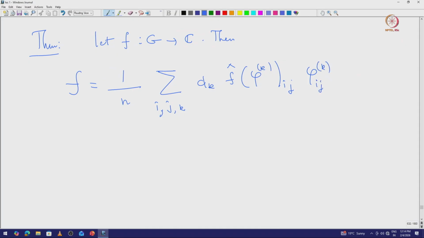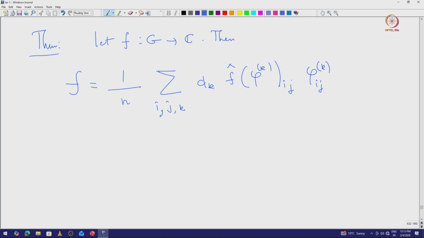So, basically we can rewrite f in terms of this summation of dk f hat and so on. All we did is we have changed the basis. So, we are rewriting f in terms of this matrix coefficient basis, with the coefficients given by the Fourier transform of f.